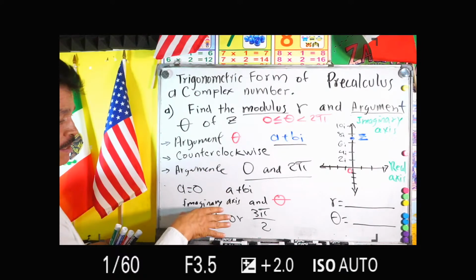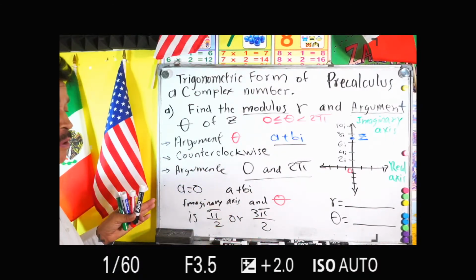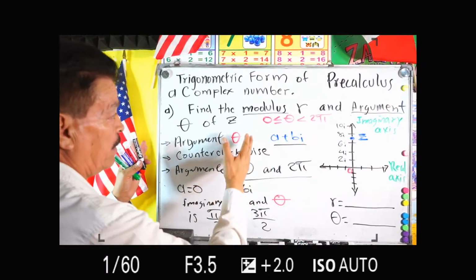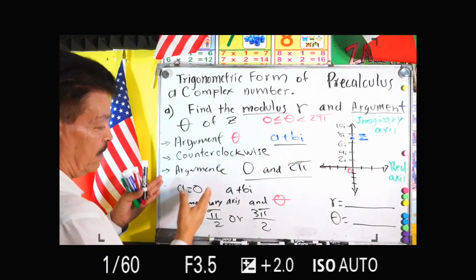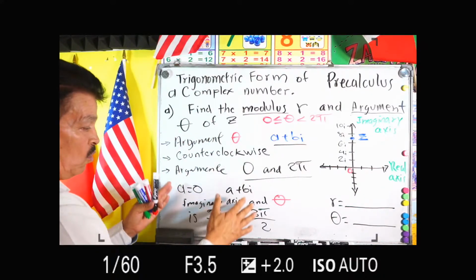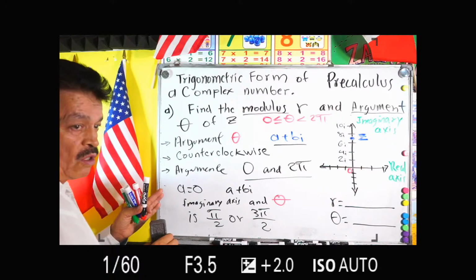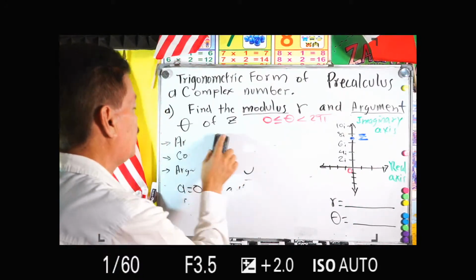I will erase this. I'm talking about the concept right now, not solving the problem. First was the modulus, and right now I am talking about the argument. When you try to find the argument, all these ideas you need to know.